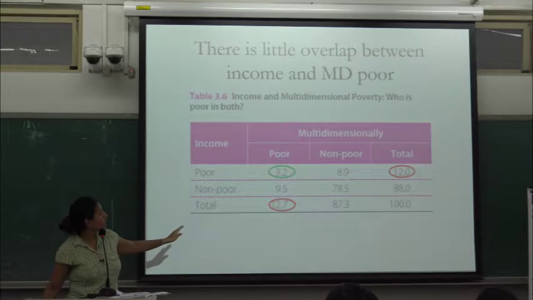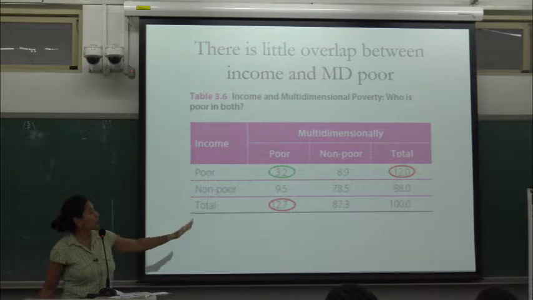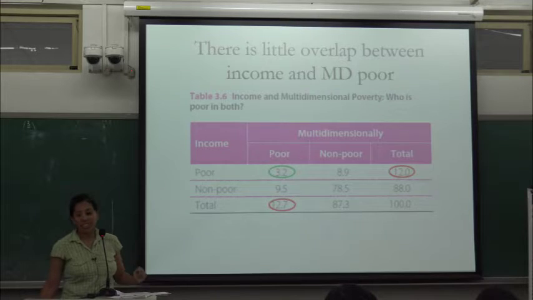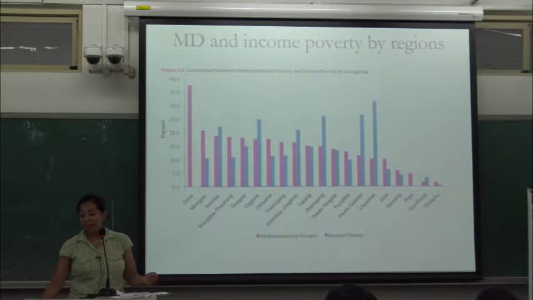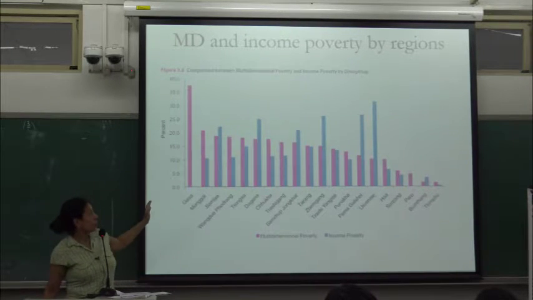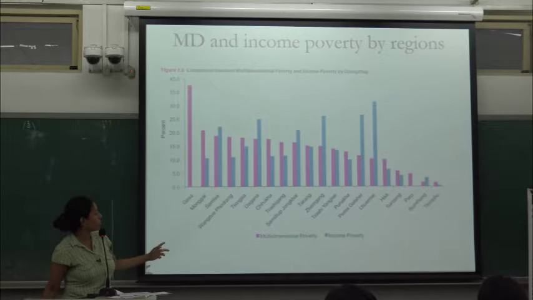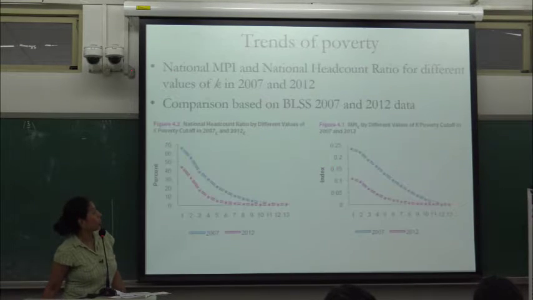And we can also see, I'm sure that we have drawn upon this data before, that income poverty and multidimensional poverty are not the same. They are complementary, and they are different as well in each of the regions. The height of the red bars shows multidimensional poverty, and the height of the blue bars shows income poverty.